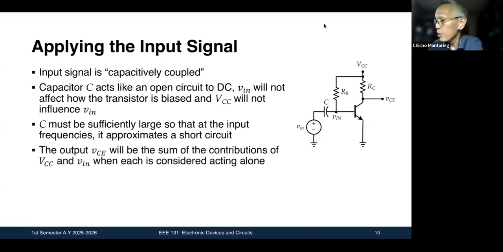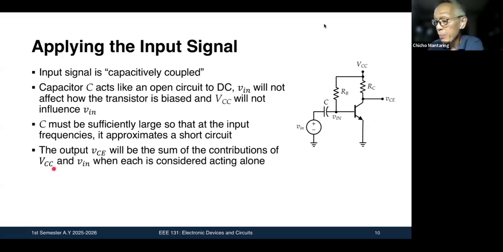So what is VCE? VCE will be the sum of the contributions of VCC and Vin when each is considered acting alone. You recognize that, something like superposition. If you consider VCC acting alone, that is just the biasing. If you consider Vin acting alone, that is the time varying component of your input.